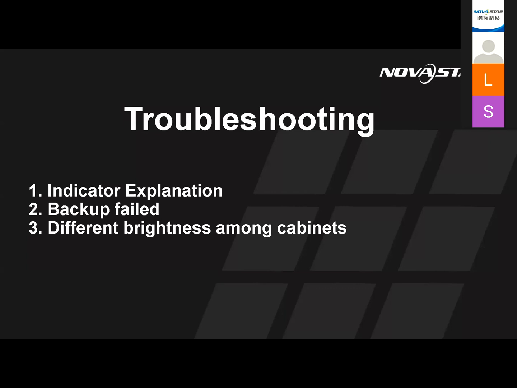The second one is, what if backup failed? How can we troubleshoot? What will be the reason for backup failure? The third one is different brightness among cabinets. Sometimes you see there are several modules whose brightness is different from others. So what would be the reason for this issue? Okay, the first one is indicator explanation.